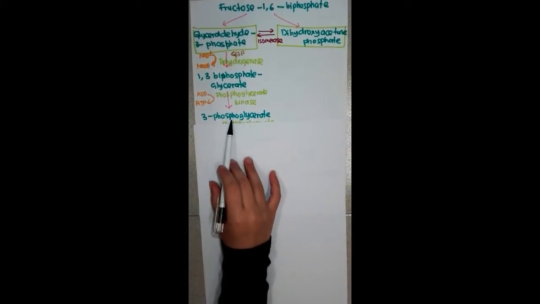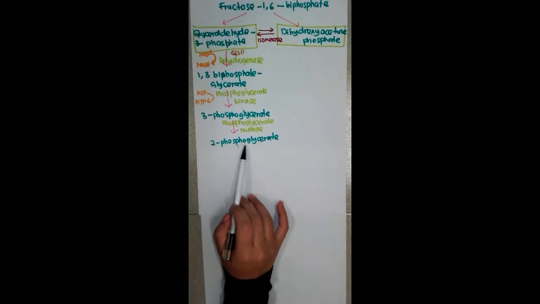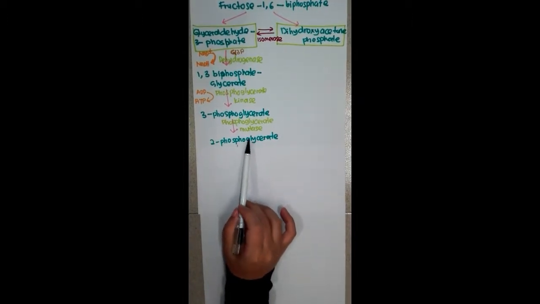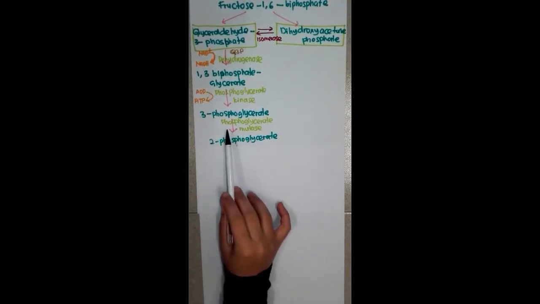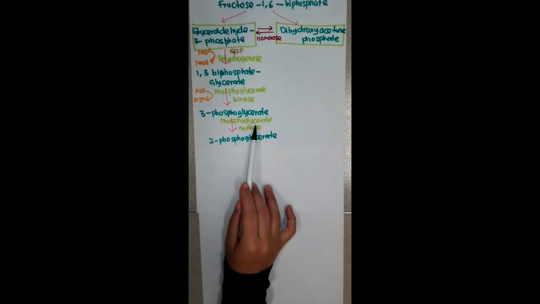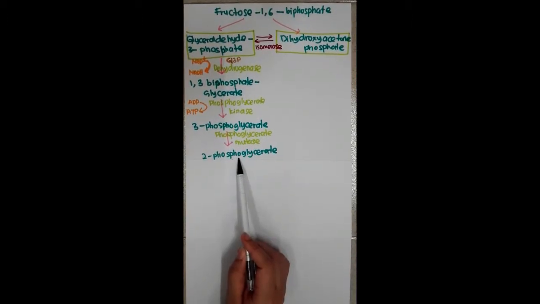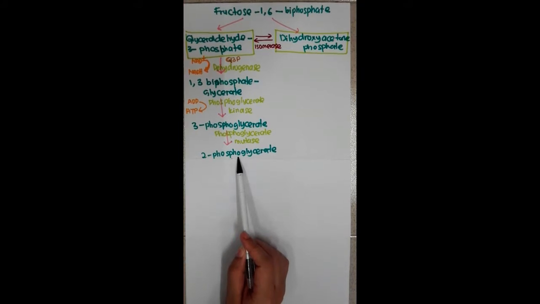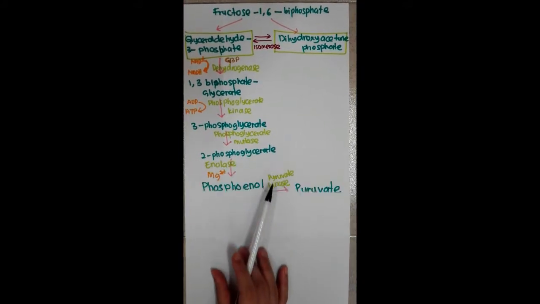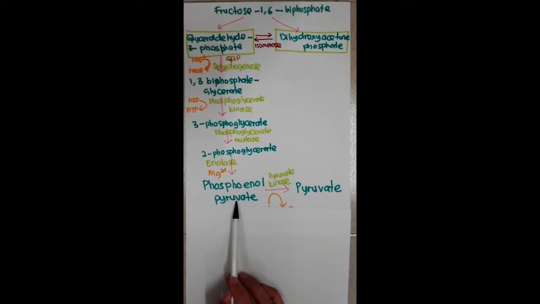3-phosphoglycerate will then be converted into 2-phosphoglycerate, and this reaction is catalyzed by the enzyme phosphoglycerate mutase. 2-phosphoglycerate will then be converted into phosphoenolpyruvate.